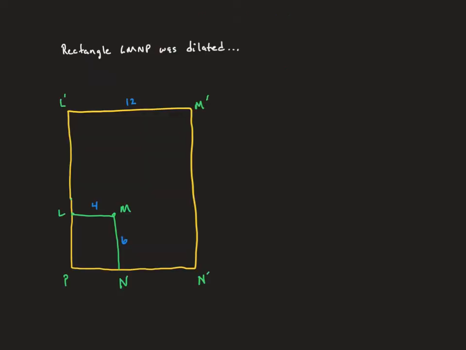Okay, so as we look at this, not drawn to scale, this rectangle LMNP was dilated. Now we can figure out the rule, and we're going to start filling in some of the information.